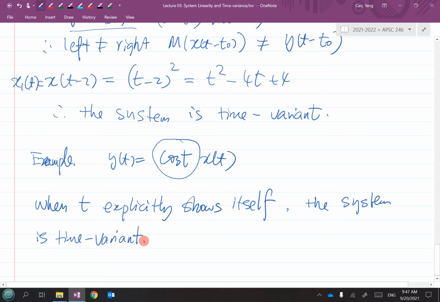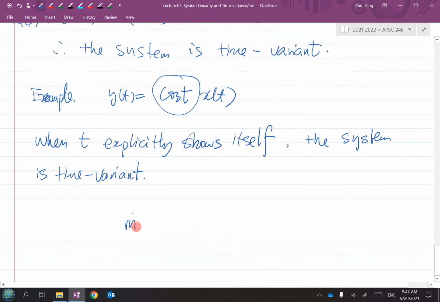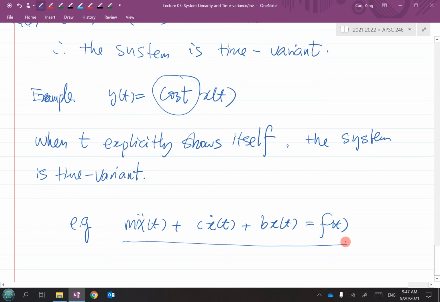So, for example, let me see, what's a good example? Okay. When I did the review, I introduced a system called a mass-spring-damper system, and that system can be described by this second-order differential equation.